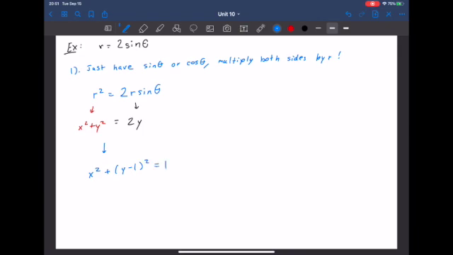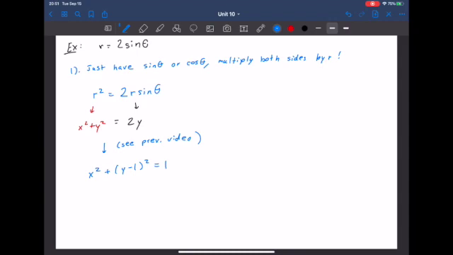You'll be fine. This is in the last video if you want to see it. See previous video. Okay, so if you're looking in the book's answers, this might be the answer you see. It's just from completing the square. These answers are equivalent. The thing I want to mention here, just so it's all in one place, is multiplying both sides by r. If you have just sine or just cosine, that'll turn to r sine, which is y, or r cosine, which is x.